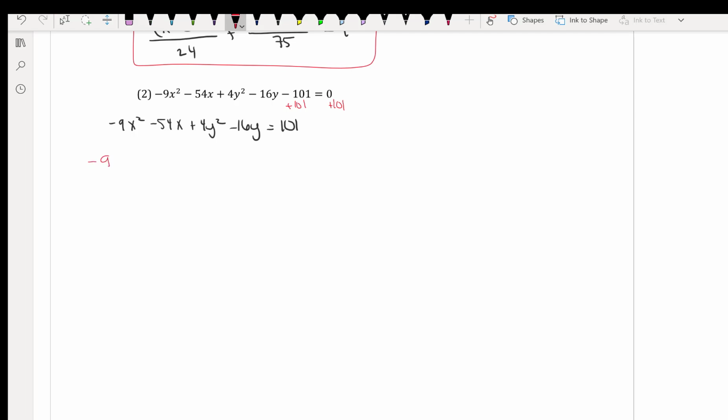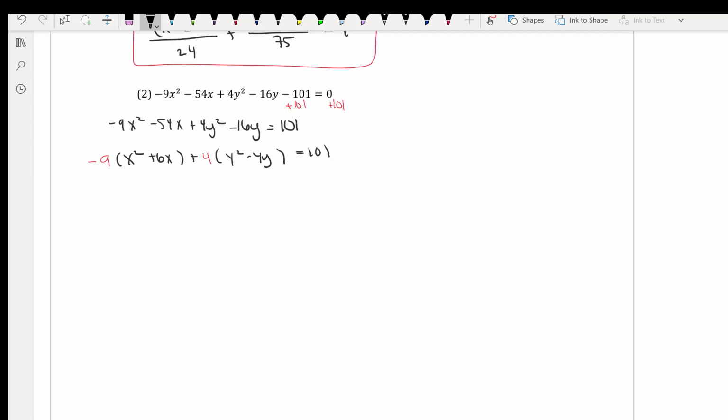So I have a negative 9 that I'm going to pull out. So I have an x squared, and a negative 54 divided by negative 9, which gives me a positive 6x. And I have a positive 4 as the leading coefficient that I'm going to pull out. A negative 16 divided by 4 gives me a negative 4y.